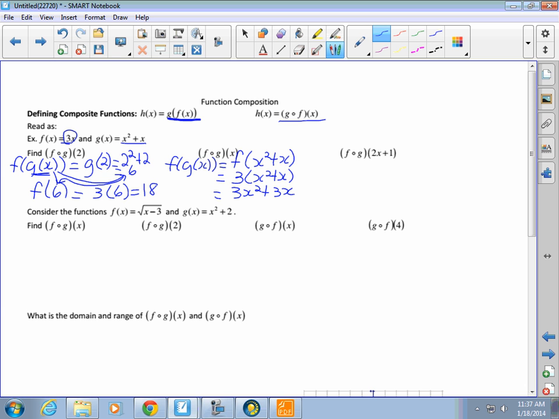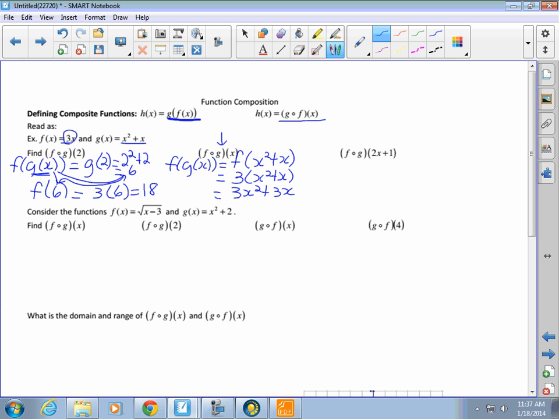The other way to have done this is to have substituted in that x squared plus x into my equation here. So it would have been 3x squared plus 3x, then substituted in the 2, and you would have got the answer. So basically I could have done this first and then substituted in my value. This goes a little bit quicker.